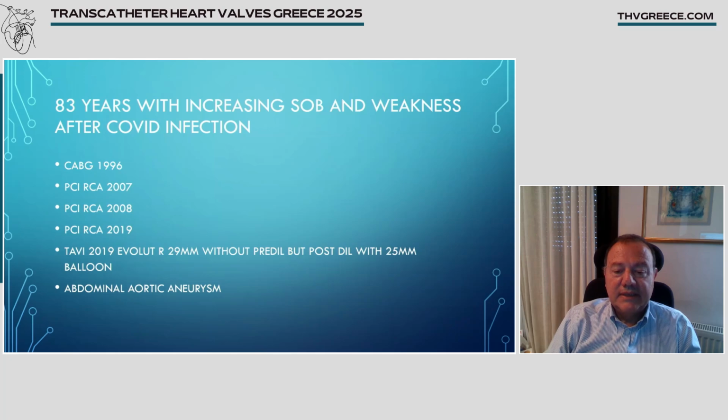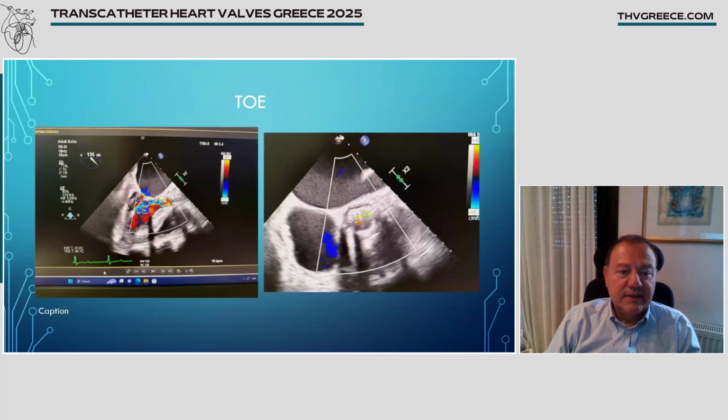At that time, we didn't do pre-dilatation, but we needed post-dilatation with a 25 millimeter balloon. It was also noted that he had an abdominal aortic aneurysm at that stage, but it wasn't appropriate at that time to deal with.